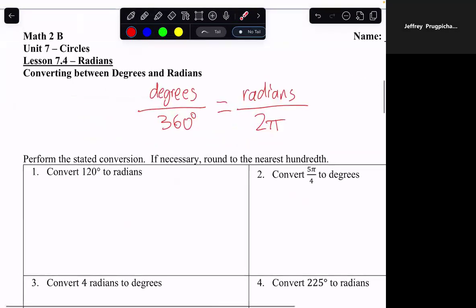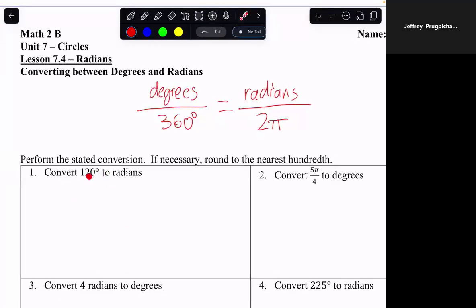Okay, let's see how we can apply this. Convert 120 degrees to radians. Since this one is degrees, you're going to plug that in up here. So we have 120 out of 360 degrees. We don't know how many radians that is, so we'll call it x, but it's out of 2 pi.